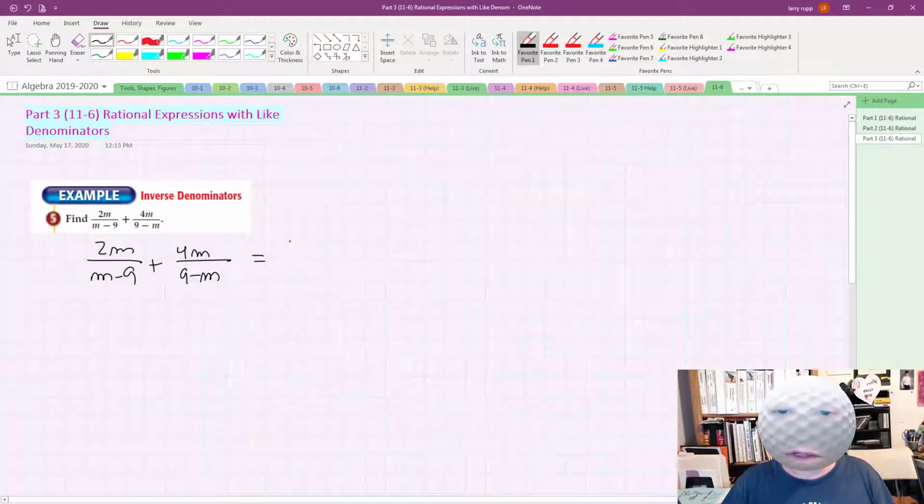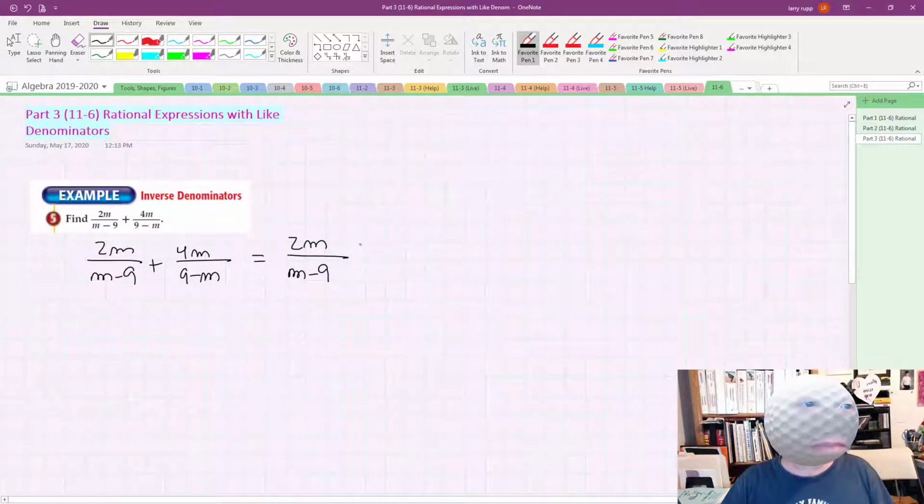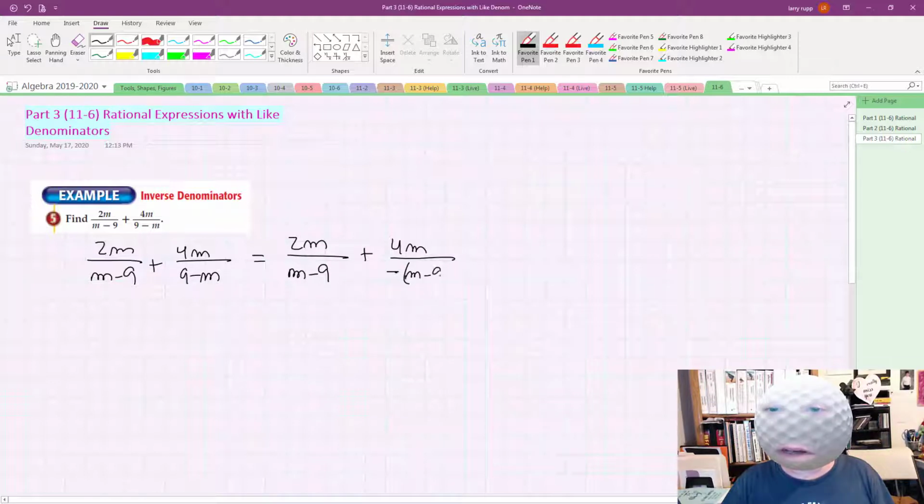Okay, so here's how we do that. 2m over m minus 9, okay, plus 4m over negative m minus 9. Okay, so here's the m minus 9 and the m minus 9.